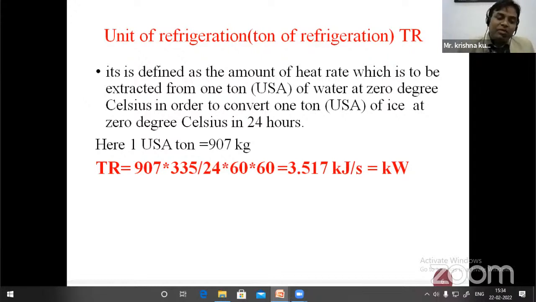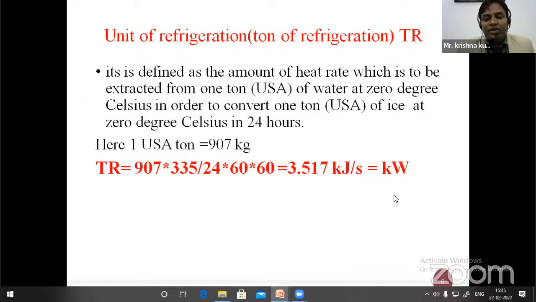If we calculate it numerically, TR equals 907, the mass of the water, multiplied by the latent heat of the water, divided by the time, 24 hours, into 60 for minutes, and another 60 for seconds. This comes around 3.5 kilojoule per second, and that is kilowatt.